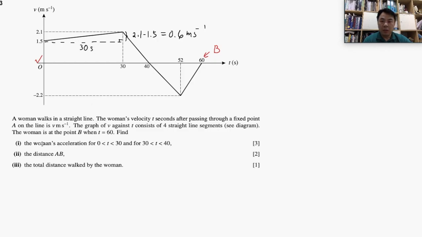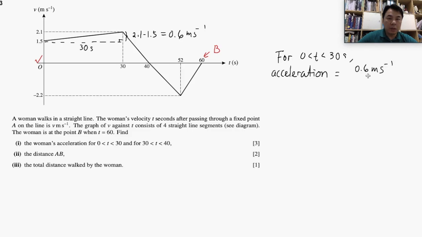Therefore, for t between 0 and 30 seconds, the acceleration of the woman is equal to rise over run, which is 0.6 meter per second divided by 30 seconds. So we have 0.02 meter per second squared.